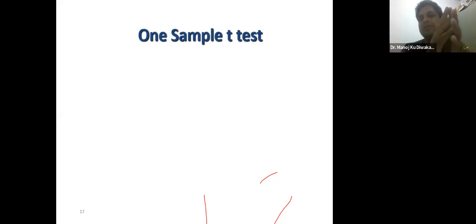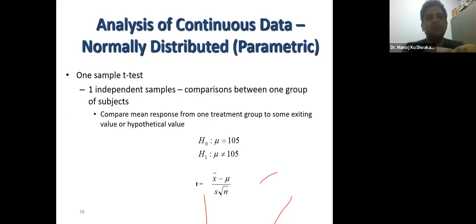So one sample t-test is used for basically one independent sample, a comparison for one group of subjects. You will have, let's say, patients, or subjects, or participants, respondents, and you want to compare the mean response from one treatment group to some existing value or hypothetical value.